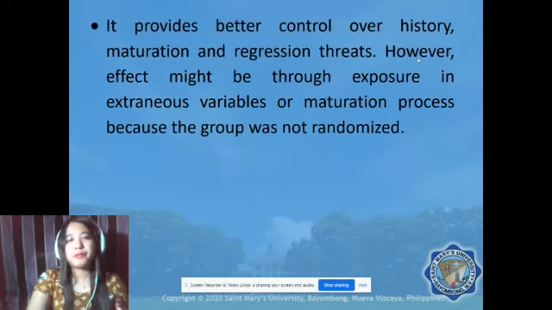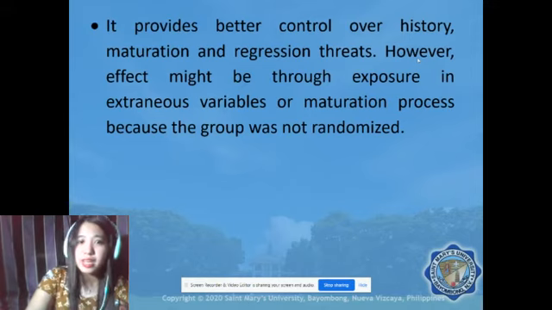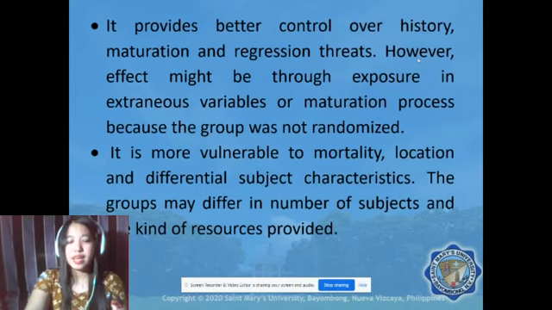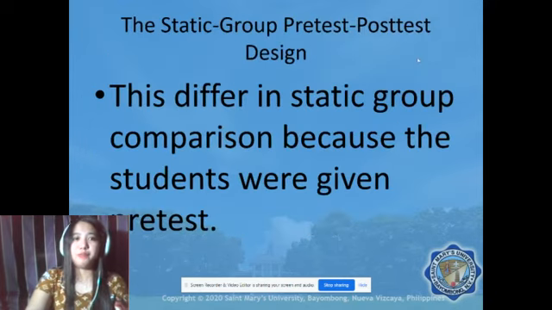Using that, it provides a better control over history, maturation, and regression threats. However, the effect might be due to exposure to extraneous variables or the maturation process because the groups were not randomized. And it is more vulnerable to mortality, locality, and differential subject characteristics. So the groups may differ in number of subjects and the kind of resources provided.